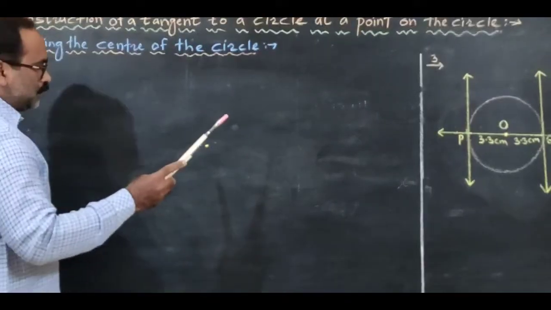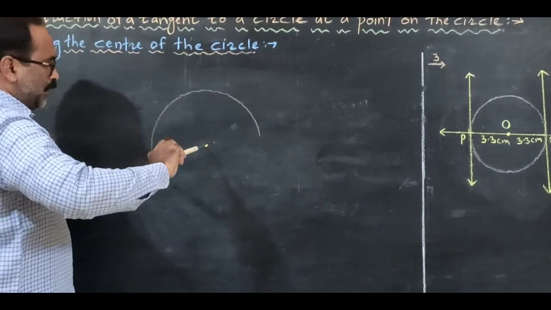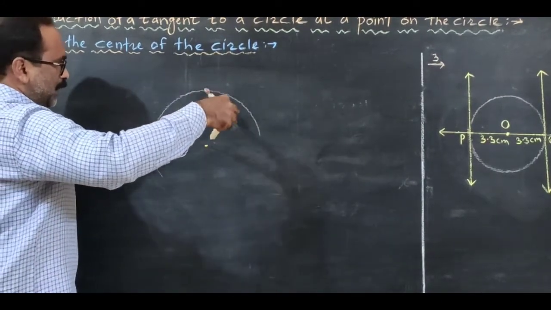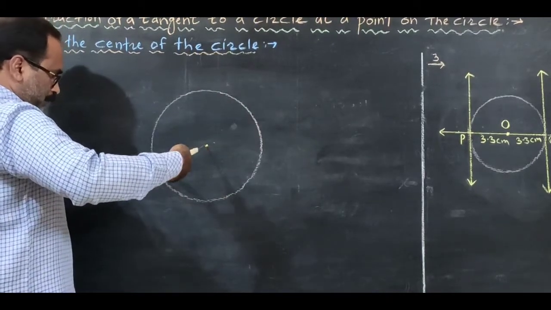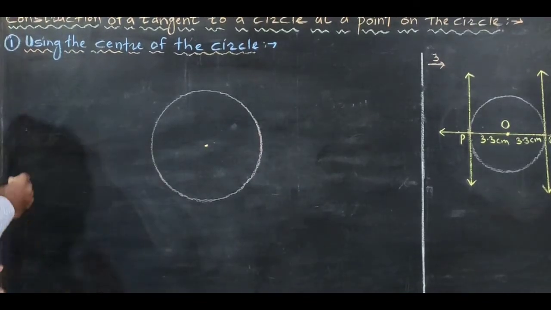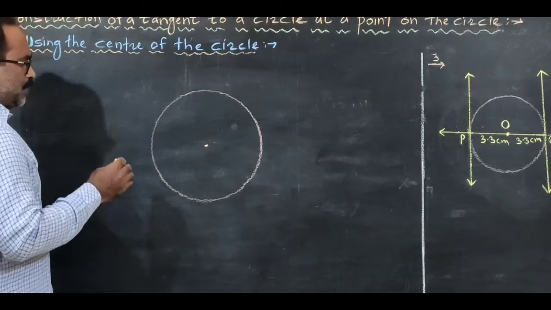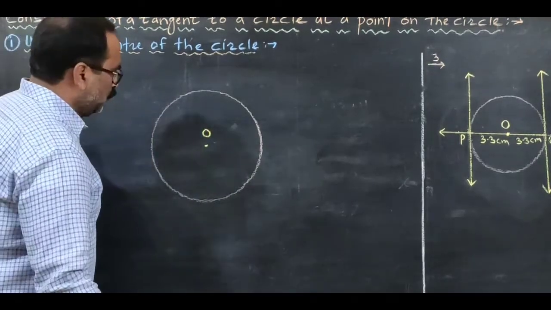Now I draw a circle of radius 3.3 centimeter. We give name of the center as O.